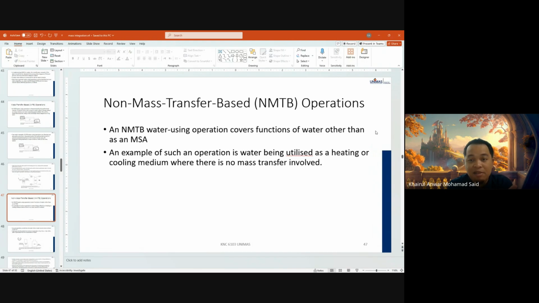We can say water comes in, no water goes out. As simple as that. But it's not that simple. Actually, the water is turning into another phase, a liquid entering and going out as steam.